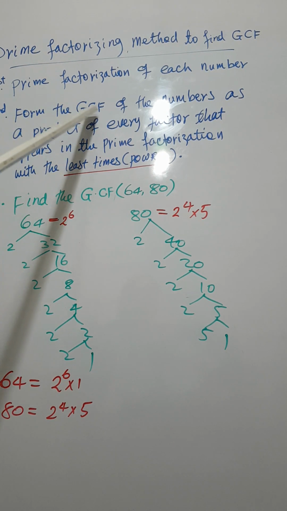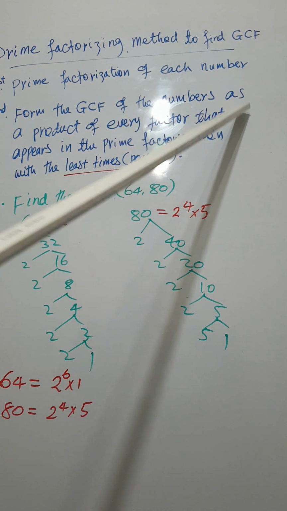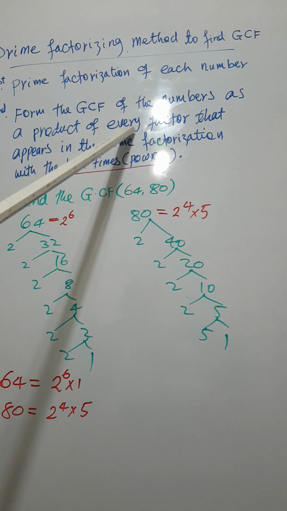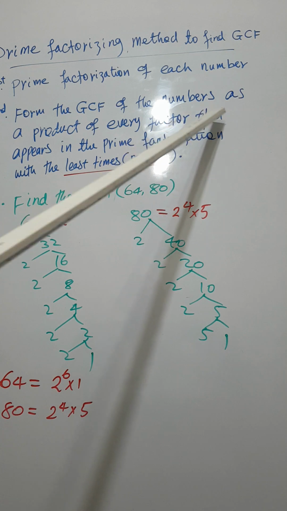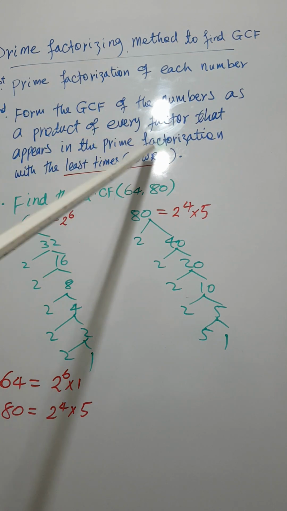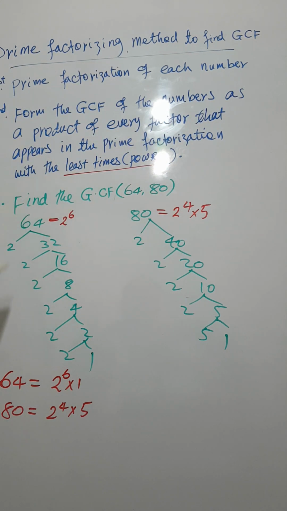Now form the GCF of the numbers as a product of every factor that appears in the prime factorization. Now here, 64 is 2 to the power of 6 times 1. Now 80 is 2 to the power of 4 times 5.